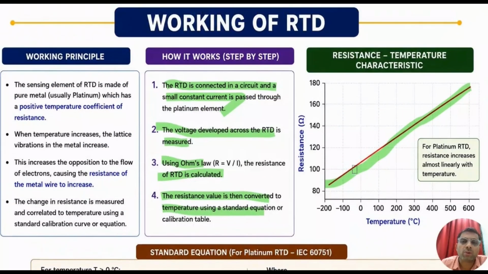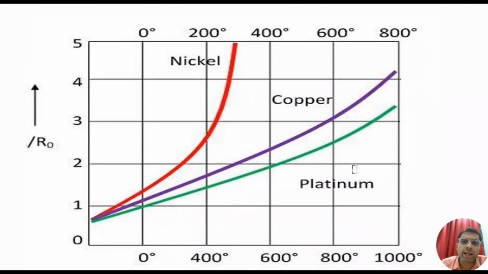Now, I have already told you which types of material you can use: copper, platinum, and nickel. If you are using platinum, you will get this kind of characteristics, temperature versus resistance. If you are using nickel, there is a sharp increase in resistance as the temperature increases. In case of copper, it is moderate.